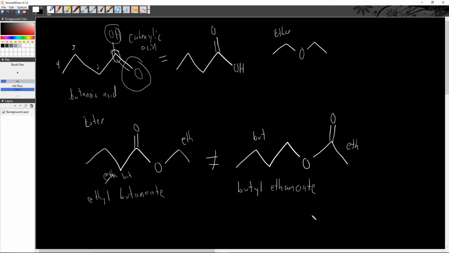It's easy to kind of confuse these things with ethers because we do have that same oxygen in the middle of the chain. But just keep in mind the difference is that we have this double bonded oxygen right away.